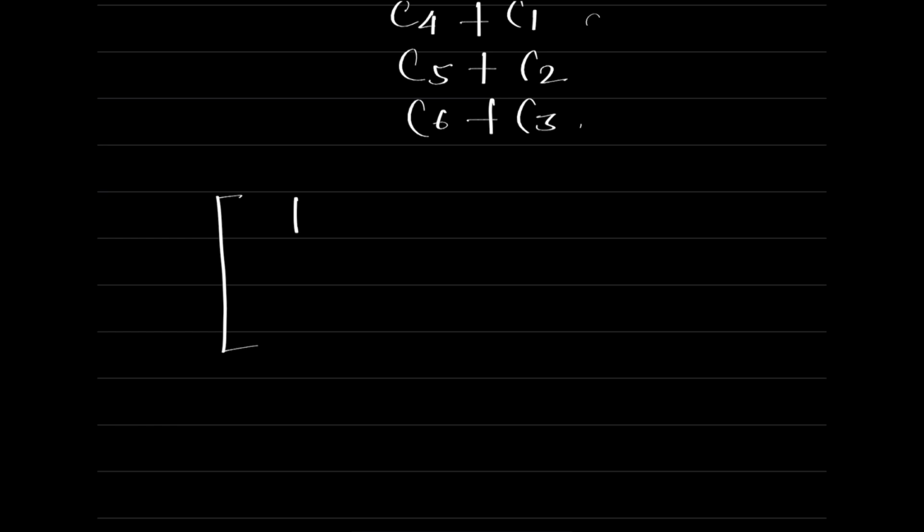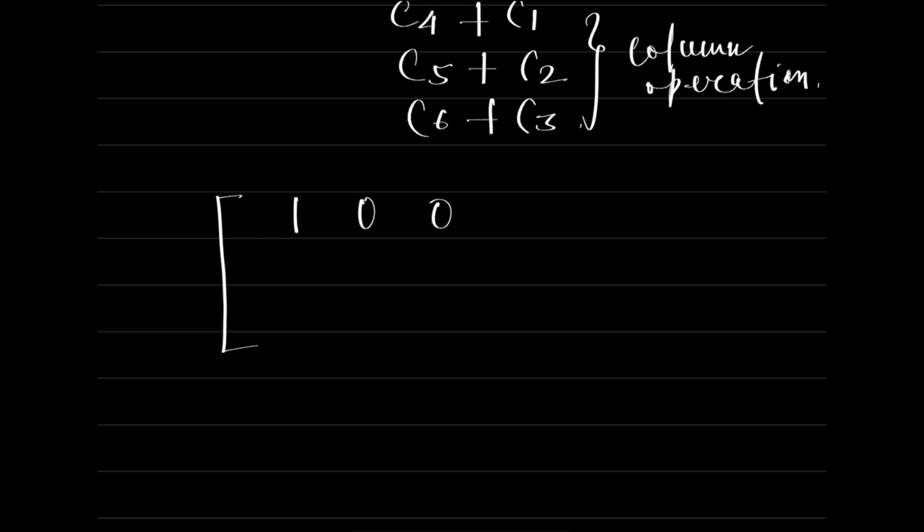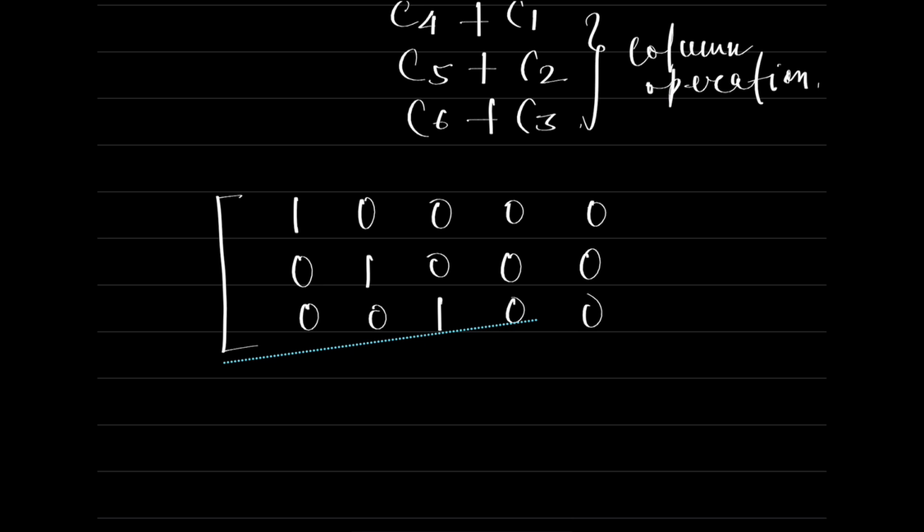Now our matrix will become 0 0 0, 0 1 0, 0 0 1, and finally we get 0 0 0.